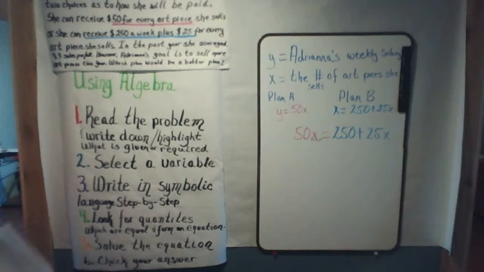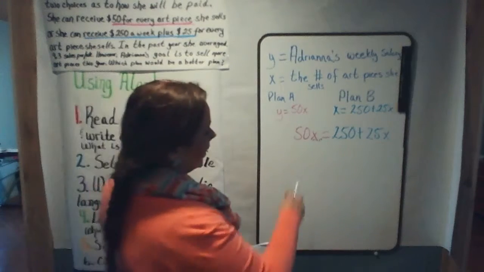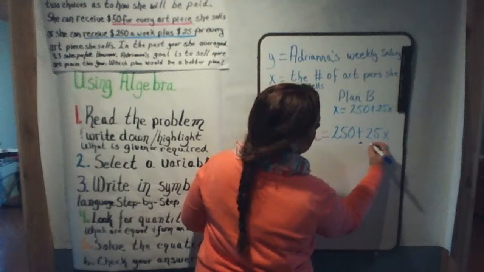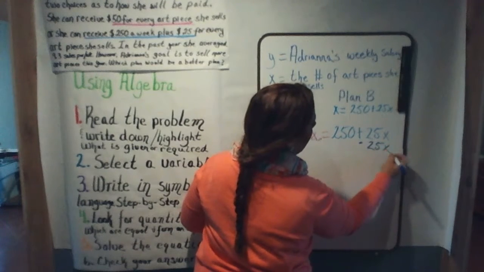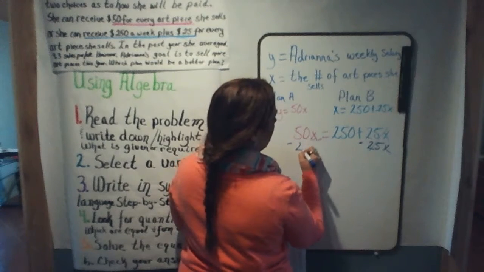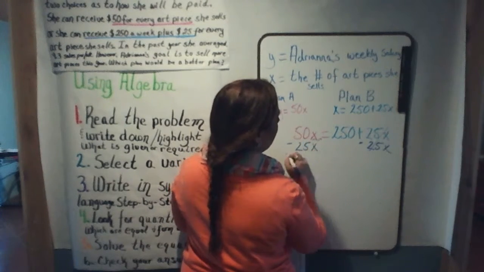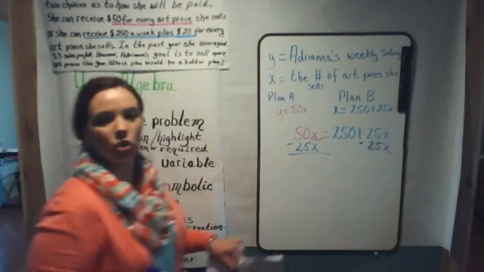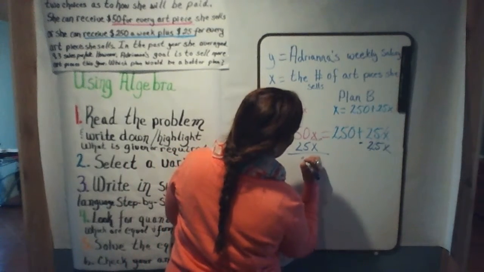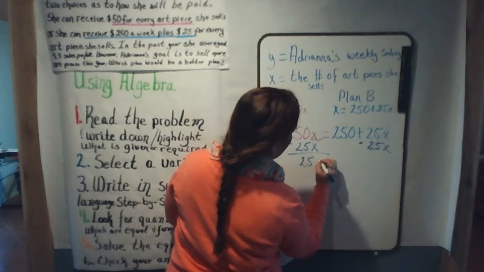Okay, so we have an x over here by itself, so let's get rid of this x. You're going to subtract 25x. When you do it on one side, you got to do it to the other. 50x minus 25x is 25x.